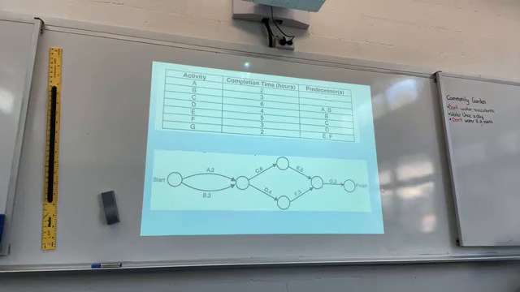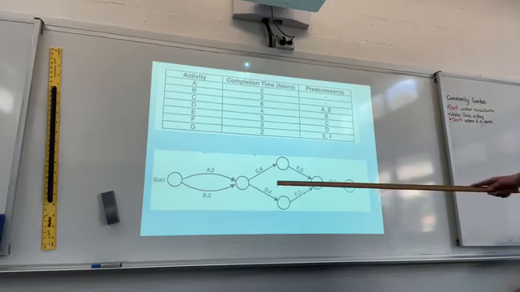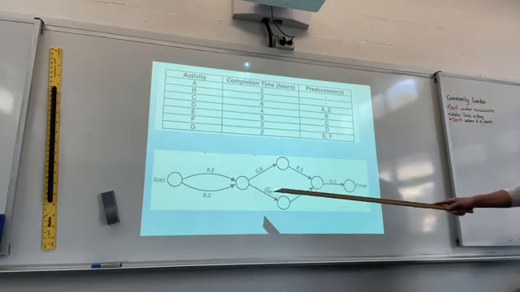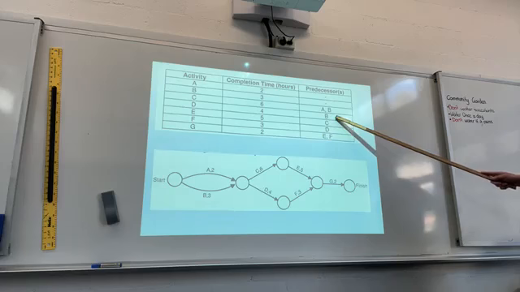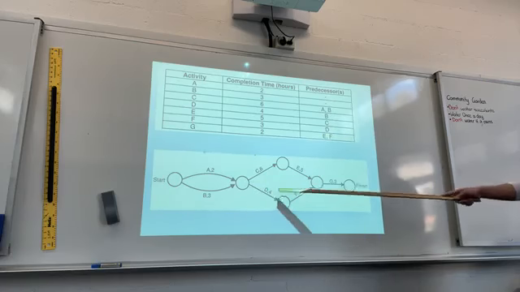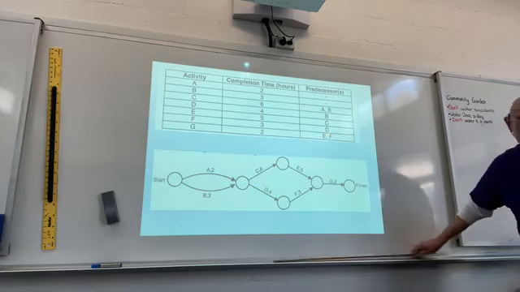If you don't know the dummy activity, this will be what you will draw. Correct? However, I'm going to point out that this is not correct because D is not dependent on A. C is dependent on A. Alright?